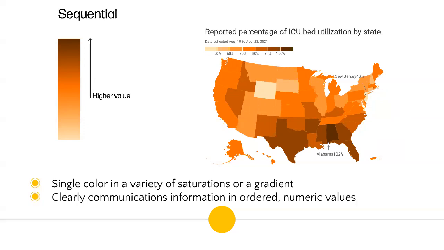So we can see here that this is the same color-ish, but we're moving from a light yellow all the way to a darker orange, brownish color. And it makes it clear that this is obviously the least percentage, and this would be the highest percentage, as opposed to maybe using different colors to represent that value.